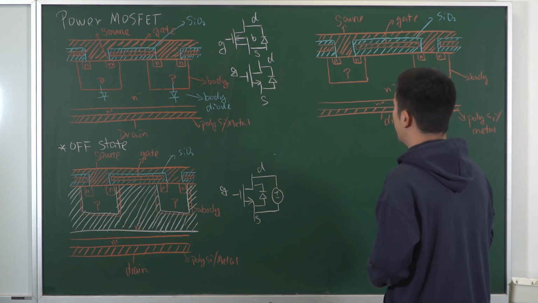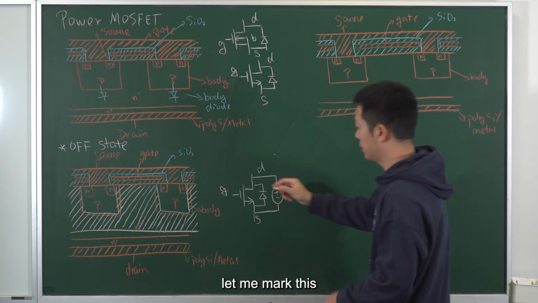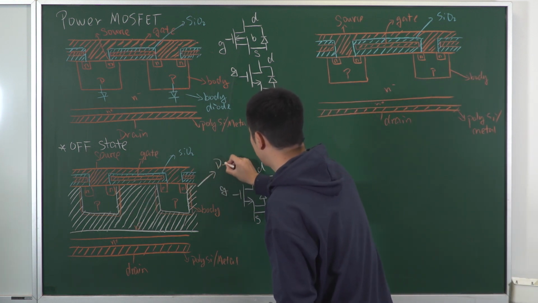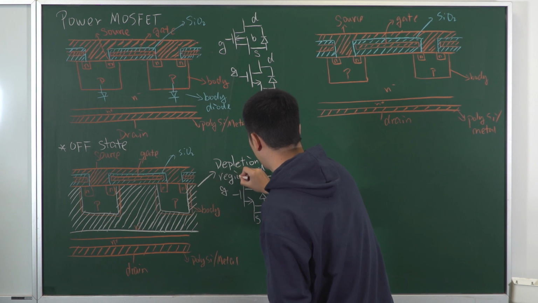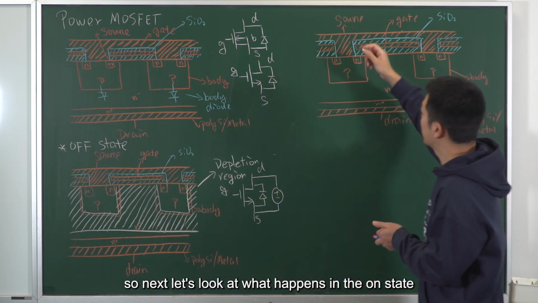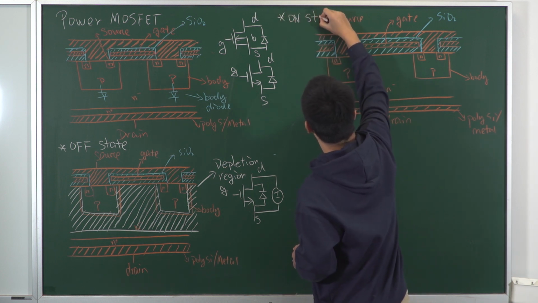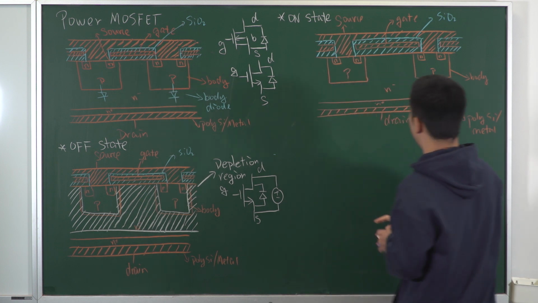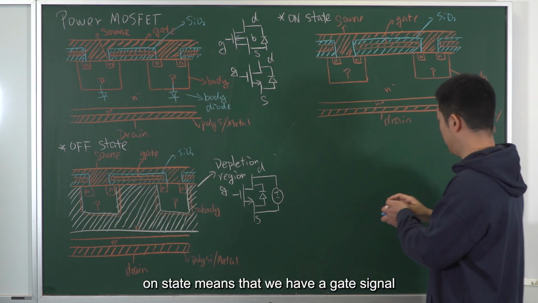Okay. Next, let's look at what happens. Let me mark this depletion region. Next, let's look at what happens in the on state. On state means that we have a gate signal.